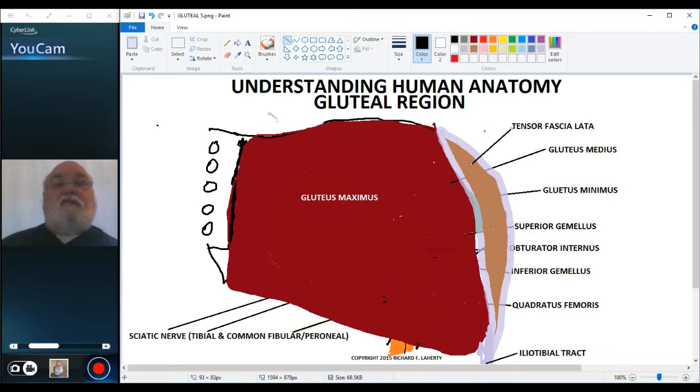but it's in a favorable position to help the body balance on the heads of the femur.